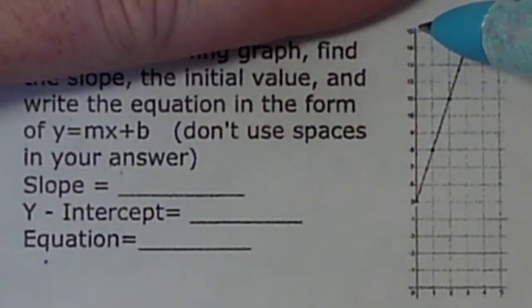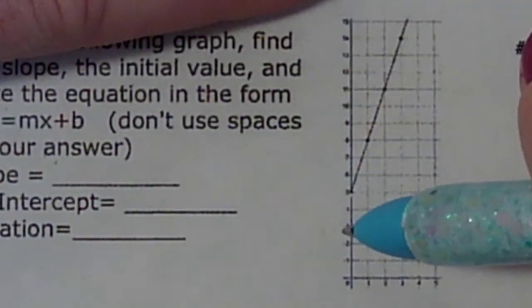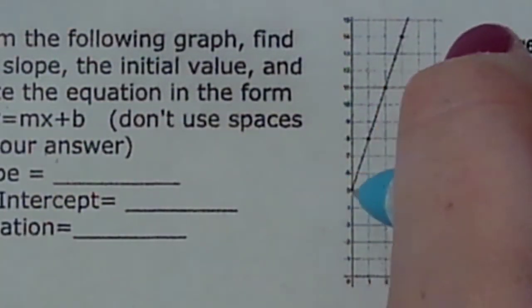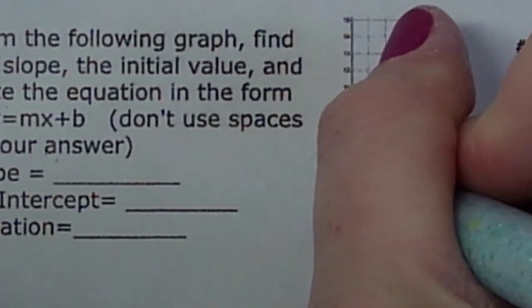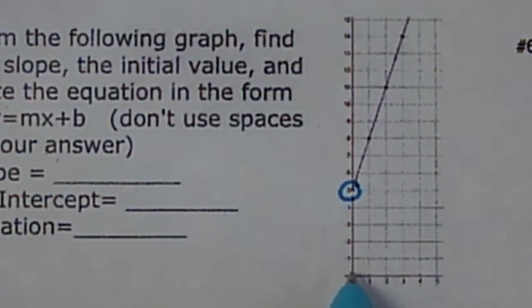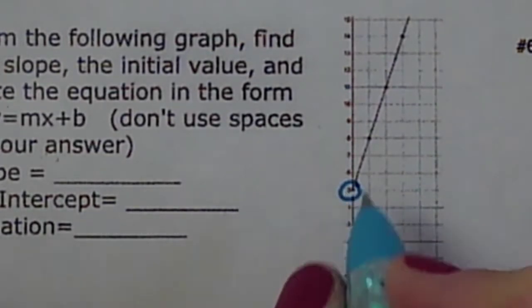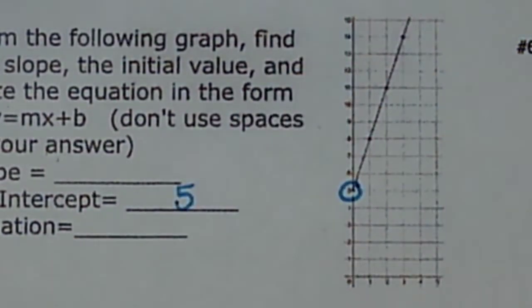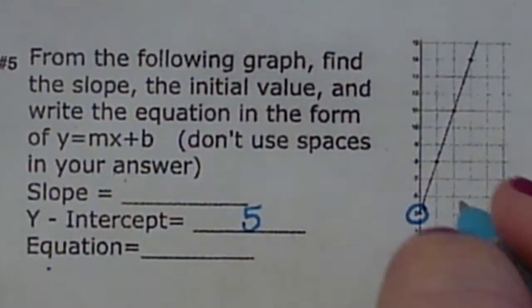Your y-intercept is where the line crosses the y-axis. It would be this point right here. It's really blurry, so I'm going to count 0, 1, 2, 3, 4, 5. So our y-intercept is 5.